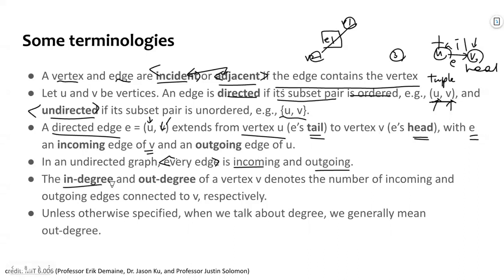The in degree and out degree of a vertex V denote the number of incoming and outgoing edges connected to V respectively.